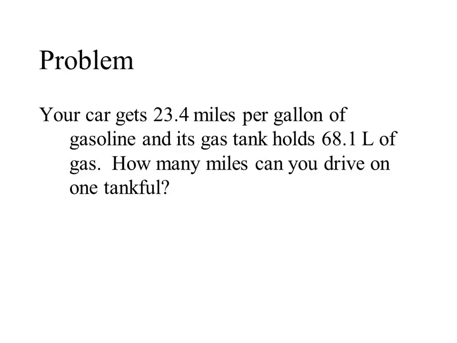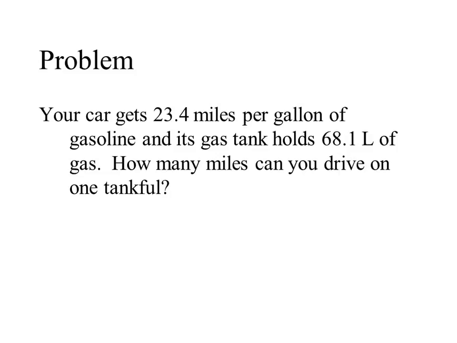All right. Switching gears a little bit. Again, lots of words. Let's look at it. Anytime you see the word per, I want you to think divisor. Here they give the gas mileage of a car: 23.4 miles per gallon.